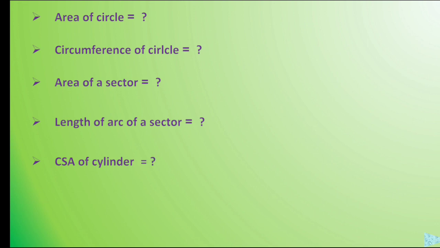Now curved surface area of cylinder. It's 2 pi r h. Curved surface area of cylinder is 2 pi r h. Total surface area of cylinder. Tell me the formula of total surface area of cylinder.